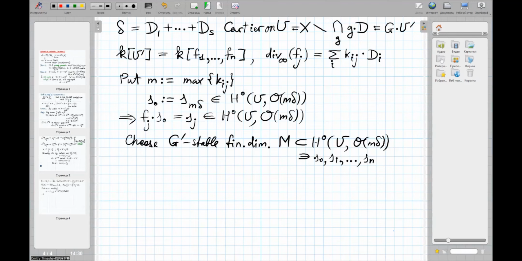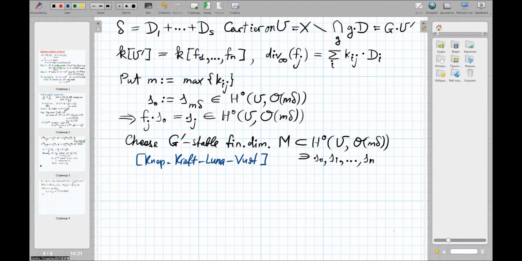And how can we conclude the finite dimensionality? Well, actually, this is a statement. Let me refer you to this paper of four authors, Knop, Kraft, Luna, and Vust.